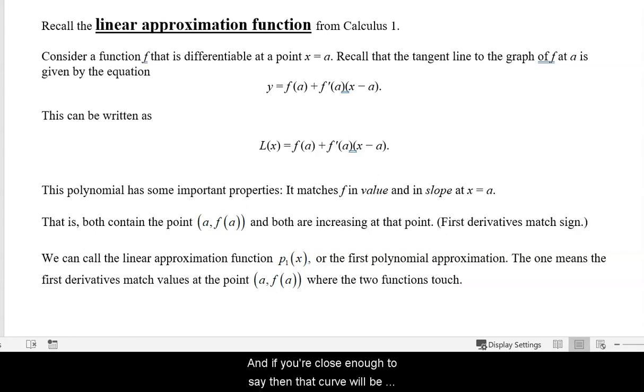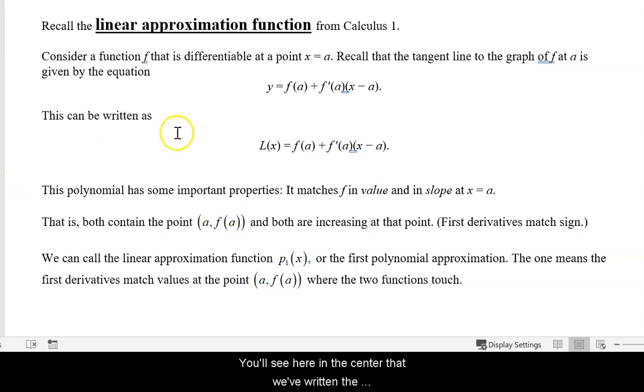And if you're close enough to a, then that curve will be close enough to the graph of the tangent line at a. We called this the linear approximation function, or capital L of x.